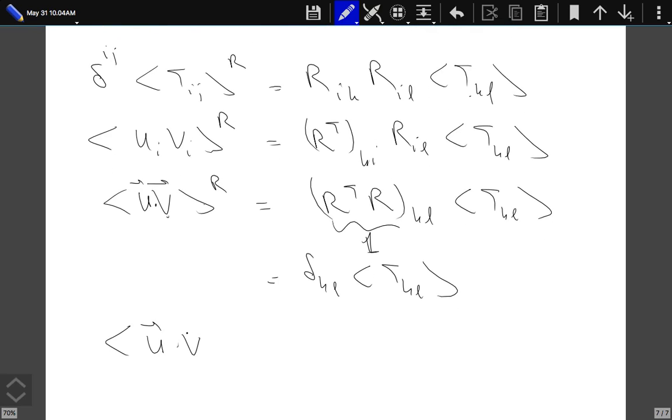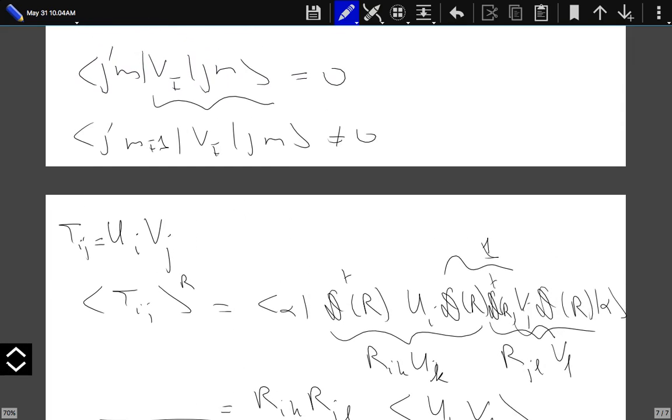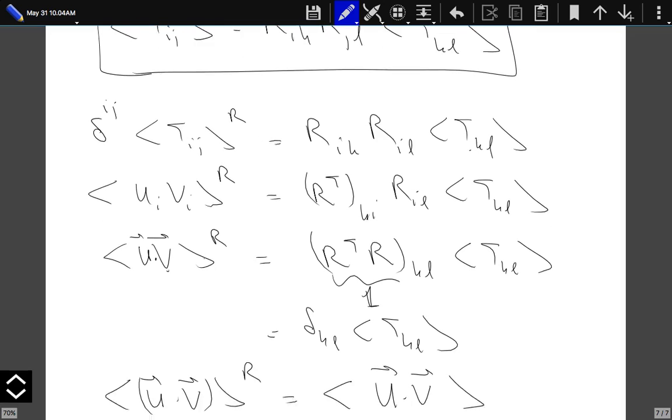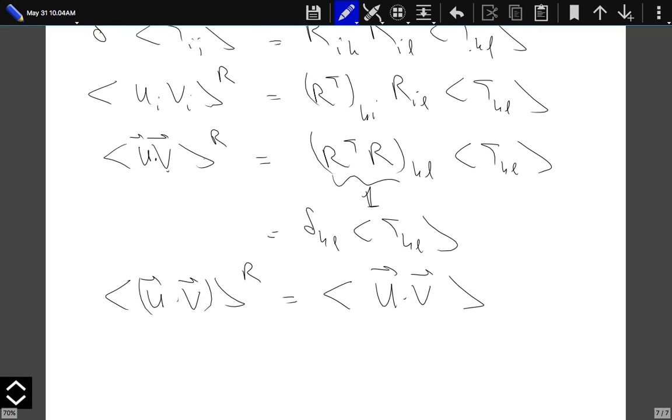So the expectation value of U dot V under rotations is just the expectation value of U dot V. Well, you see there are these Tij's; you can also write it as a 3 by 3 matrix. There are 9 elements in that matrix, but one of them, which corresponds to U dot V, does not change under rotations. Well, something that doesn't change under rotations is what we call a scalar.